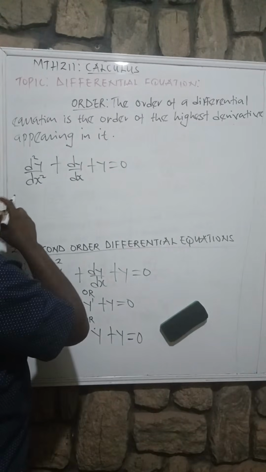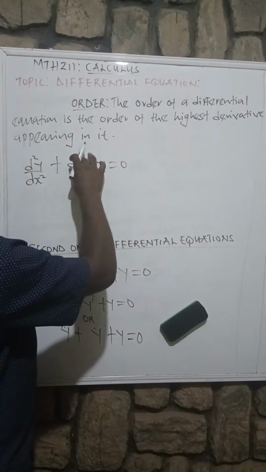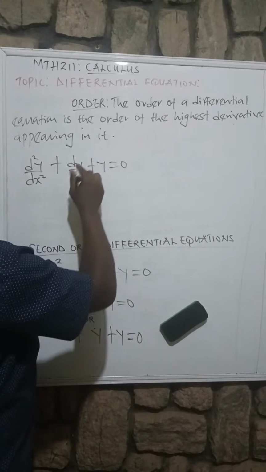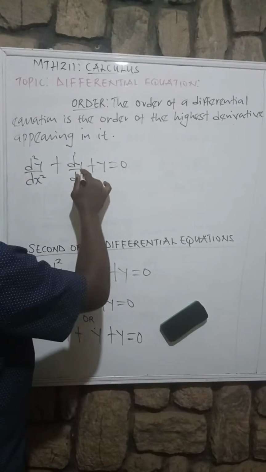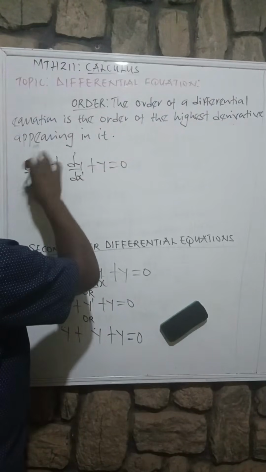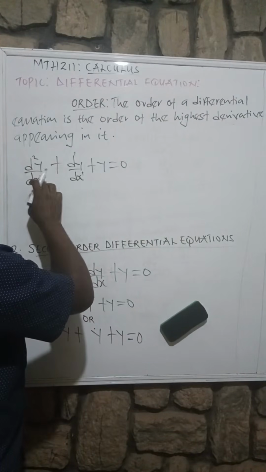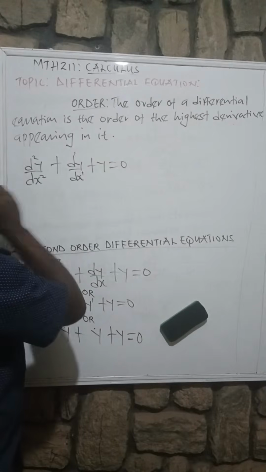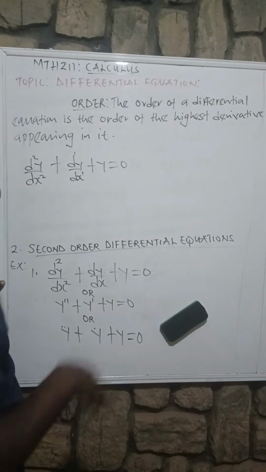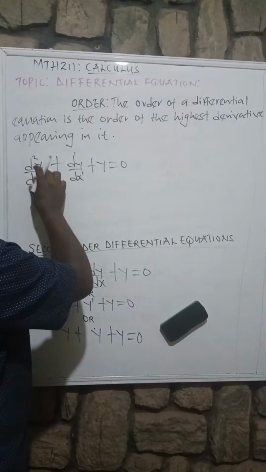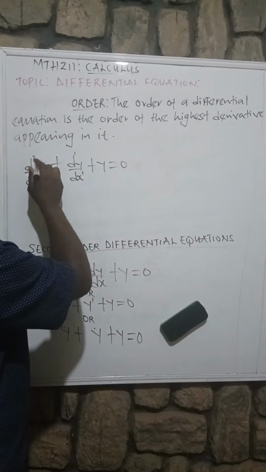But you can see with me that this order is just raised to power 1 here, and this order here is d squared y over dx squared. So if we want to talk about the order of this differential equation, we are going to talk about the highest order.